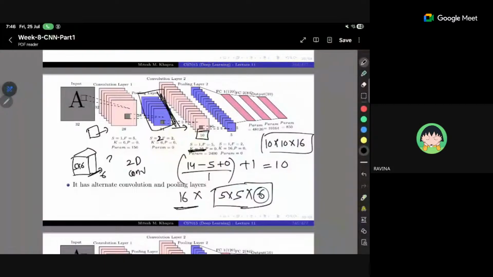So if you do all this multiplication, I think it should come to 2,400. This is 150, 150 into 16 could be 2,400.